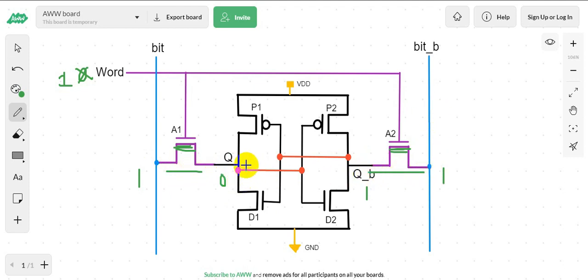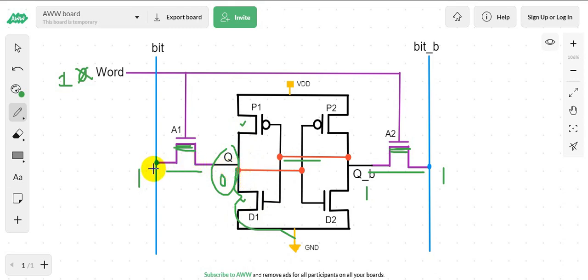Now tell me what keeps Q stable at 0. Obviously it is the Q bar, which keeps the D1 transistor on and the P1 transistor off. So from this output to the ground, Q remains 0. Now let's come to the bit.